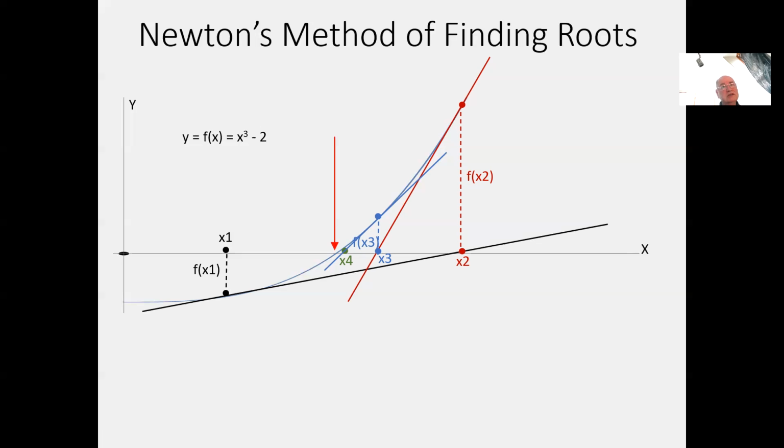Okay, how does it work? Let's look behind this idea. And in order to do that, we really need to understand how we find these x2s and x3s and x4s. So that's the whole point. The whole point of this method is to generate this sequence of numbers getting closer and closer. How does he do this?